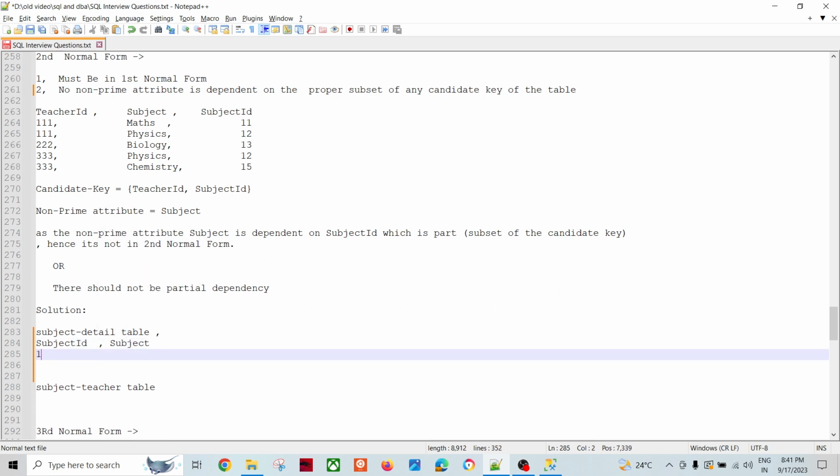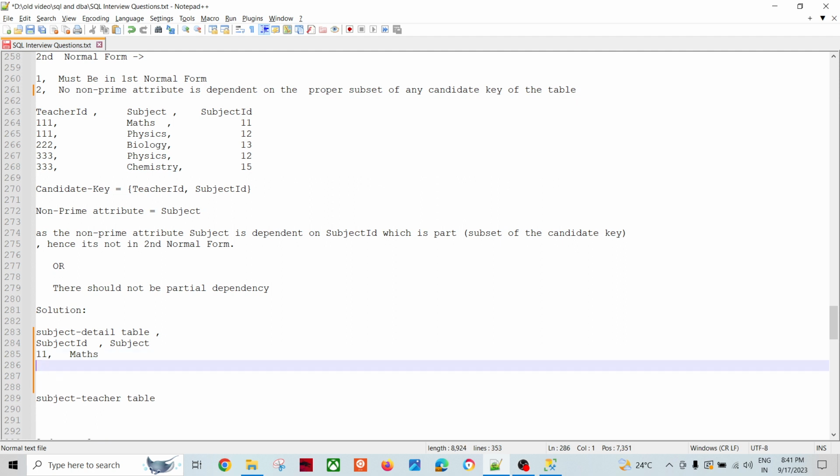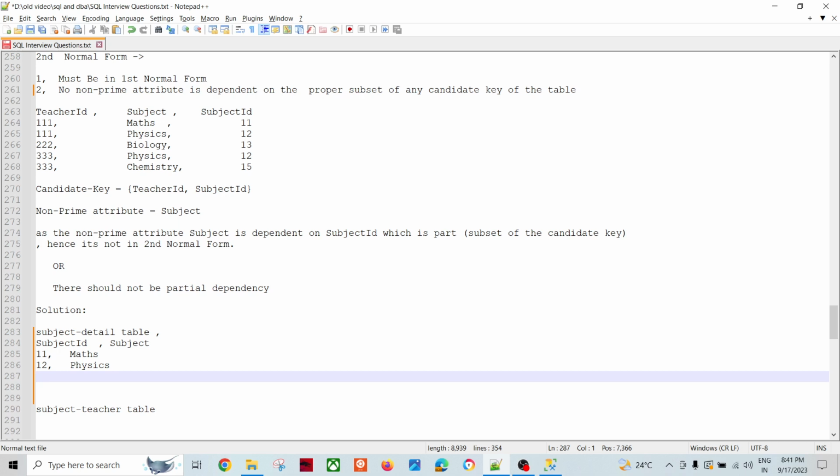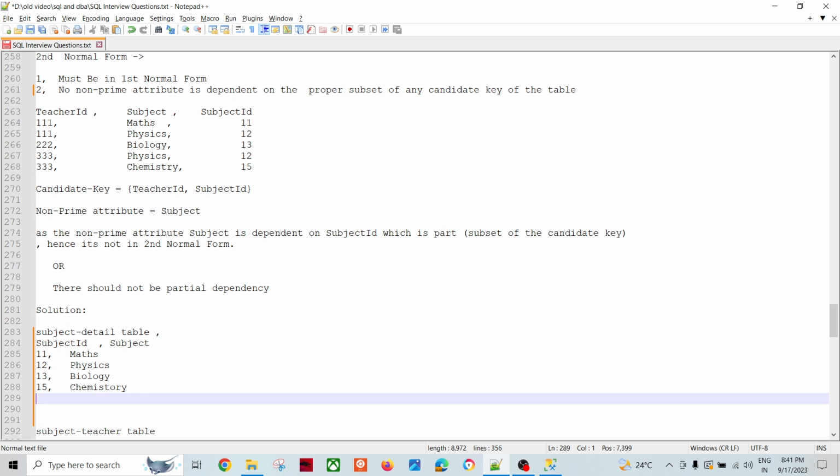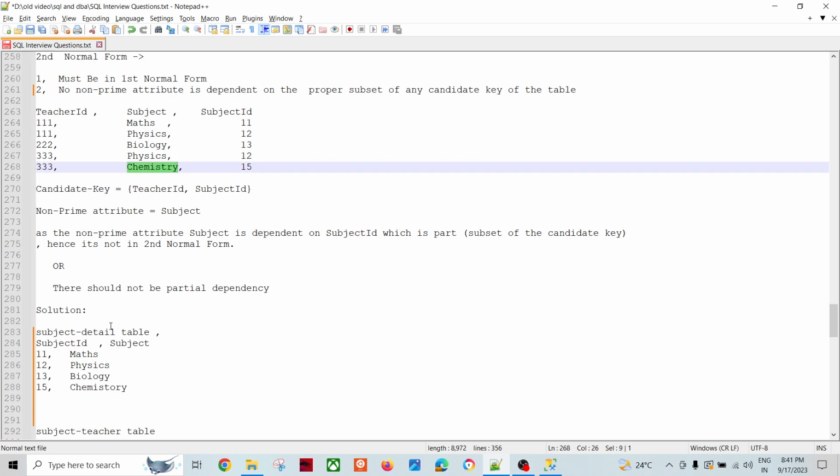So what is the subject ID? 11 and subject is maths, and then 12 is physics, and 13 is... and 15 is we have again chemistry.